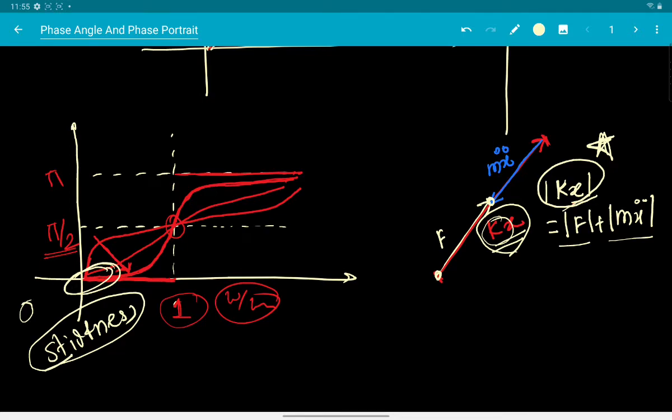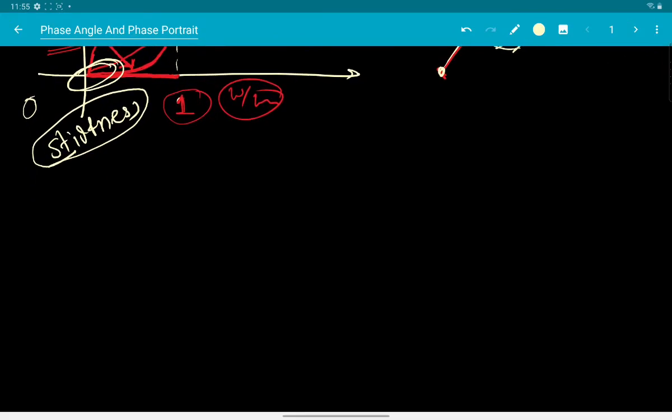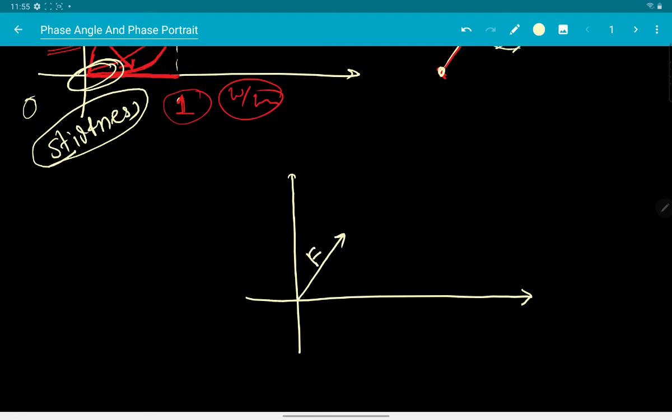Now let's go to this region where we have mass dominance or inertia dominance. Let's consider the extreme case when we don't have damping included again, and omega by omega n is larger than 1. In that case, how is the system going to look? This will be f, right?